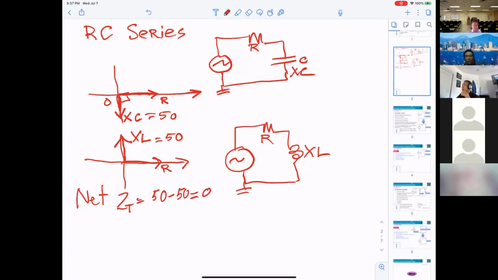It will be 0. One going up and one going down. They are opposite.